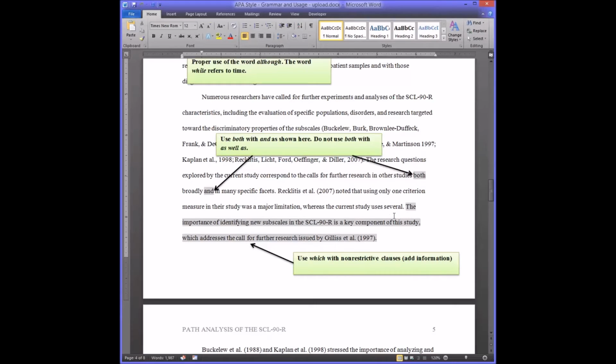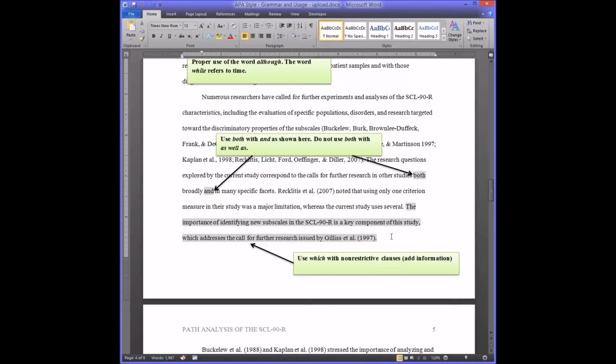So you can see from this sentence, the importance of identifying new subscales in the SCL90R is a key component of this study, which addresses the call for further research issued by, and then you have the author. So without this clause, the sentence would still make sense. This clause simply adds information.